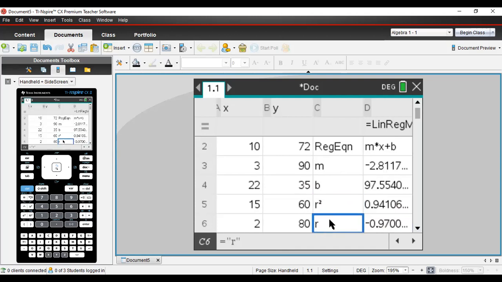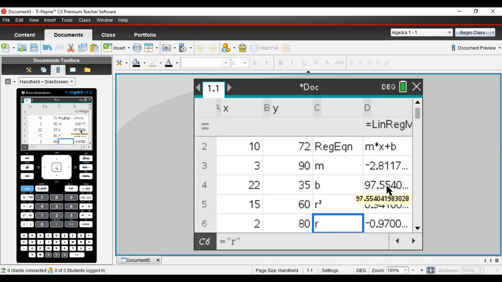So we're just going to write that down. We're going to have y equals, and we have to round this to the nearest hundredth, so to the second decimal place. The slope is going to be negative 2.81, and we put an x next to it. And then the b, the y-intercept, is going to be 97.55.